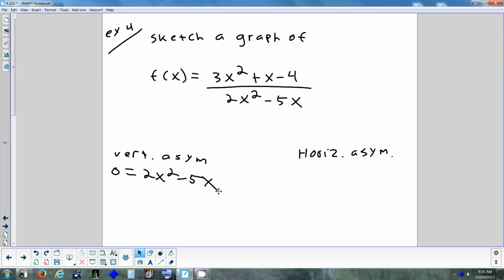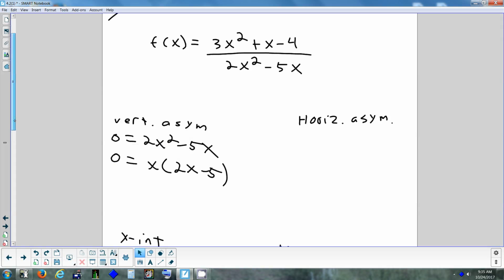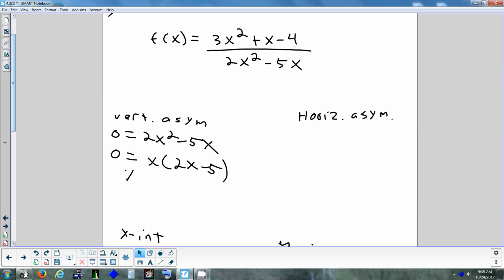Just factor out an x. And you're left with 2x minus 5. And now we can write down our 2 vertical asymptotes. The first one is at x equals 0. And where would my second asymptote be? Yeah, 5/2, or you could write 2.5.